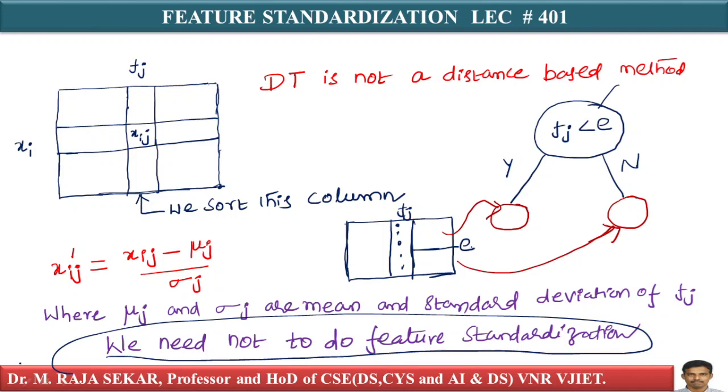The raw values that you have can be used as they are, because in decision trees all we care about is less than, greater than or equal to, especially with real valued or numerical features. Whereas in algorithms like logistic regression, support vector machines, and k-nearest neighbors, we need standardization, because they are distance based methods.